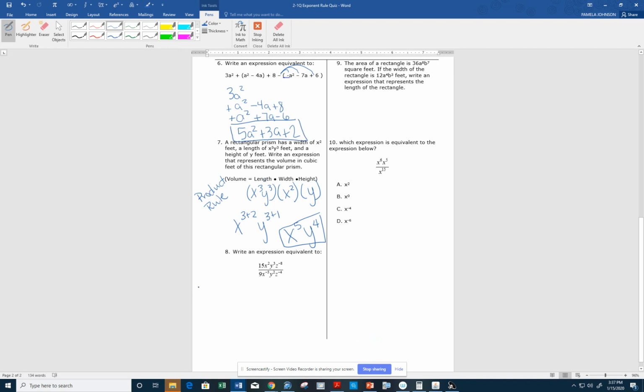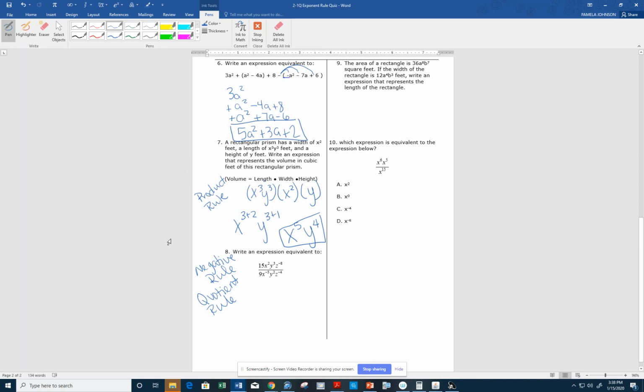On number 8, we've got a couple of rules going here. We've got a negative rule and we have a quotient rule. If we want to just use the quotient rule, we can, but I kind of like to get rid of my negatives first.